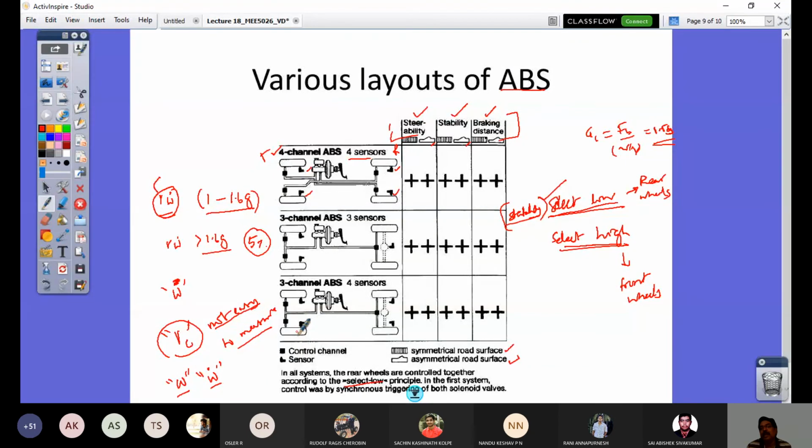Generally, the scheme of reading the speed of the front wheels from the 2 sensors follows the select high principle, and the rear wheels the select low principle.